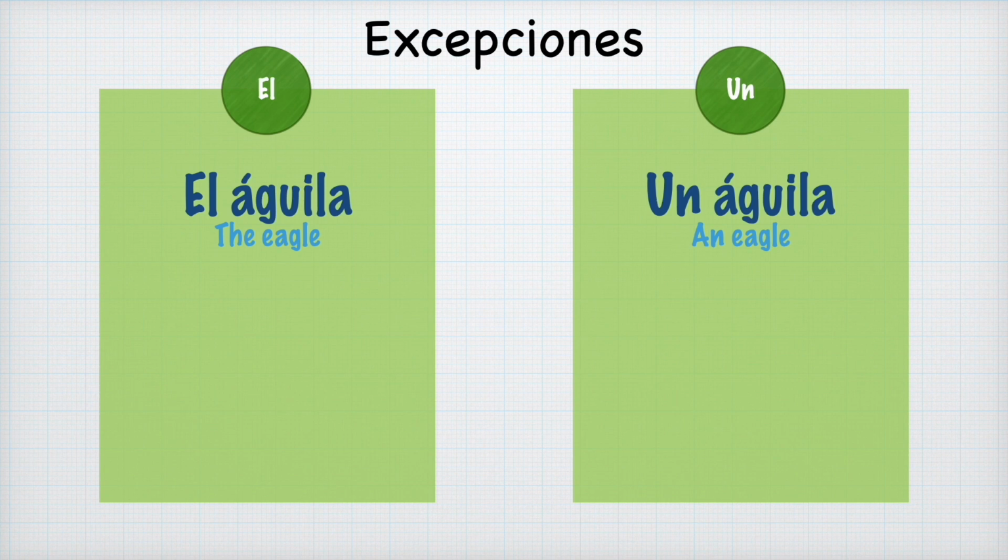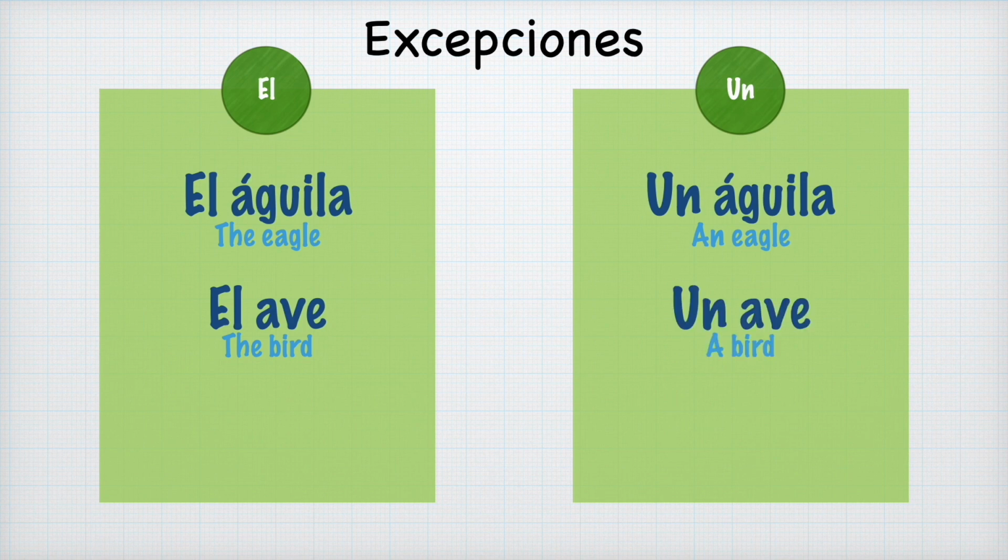Similarly with un, the feminine article will be una, but because it ends in A, we're going to use un in this case. Another example is el ave. El ave, it means the bird.